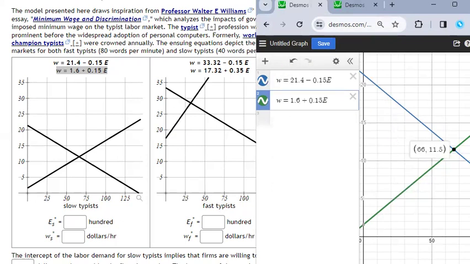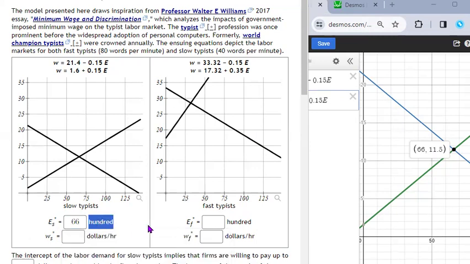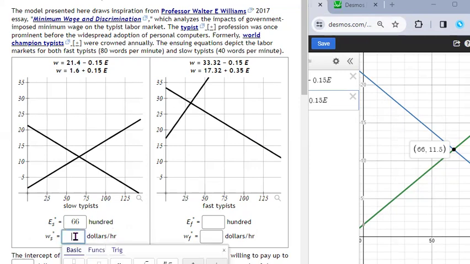So the equilibrium level of employment for slow typist is 66. And again, these are in hundreds, so E is in hundreds. So this is actually 6,600, because we have the 100 there. And the market wage for slow typist is $11.50 per hour.